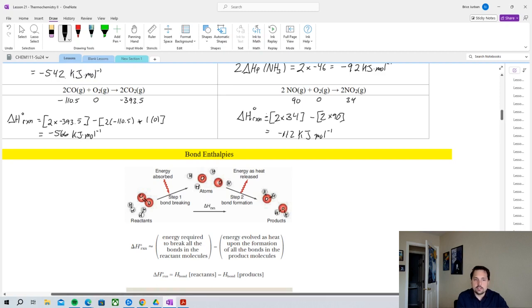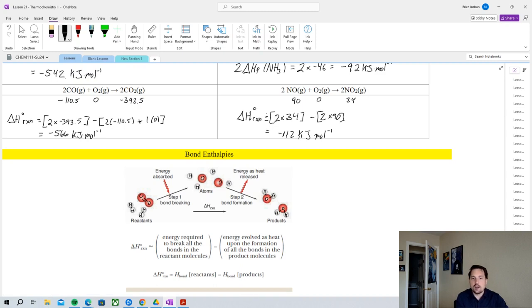So what we're looking at here is the breaking of 2 hydrogen single bonds, 1 oxygen double bond, and the formation of 4 oxygen-hydrogen single bonds. And we can average the bond enthalpy for each of these to help us calculate this process.